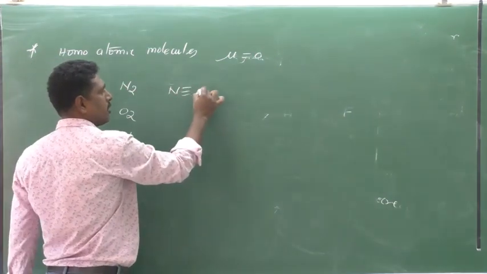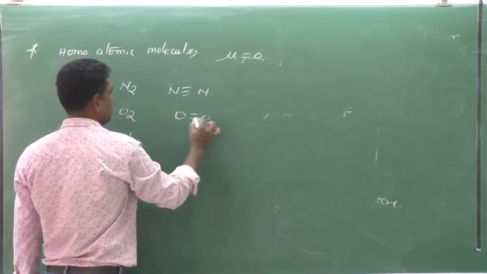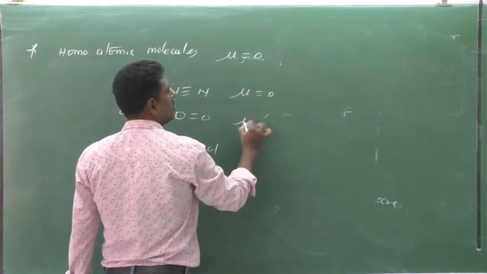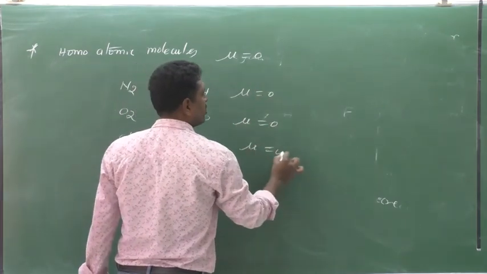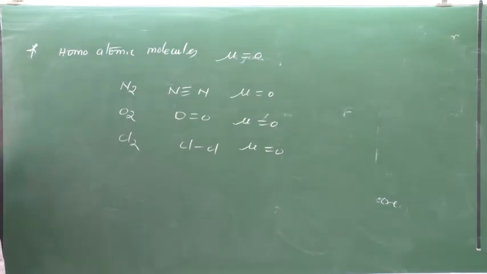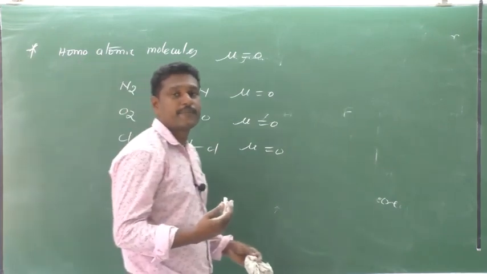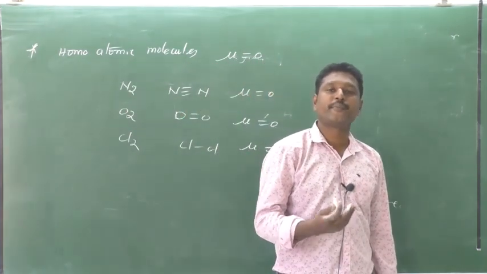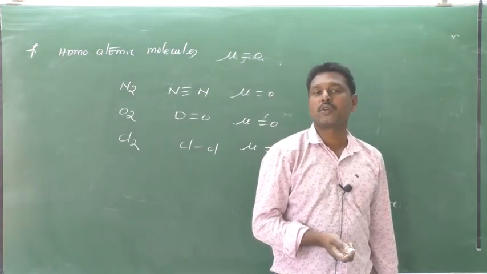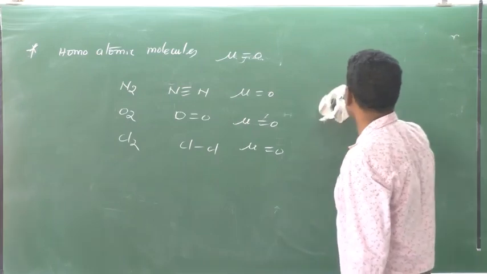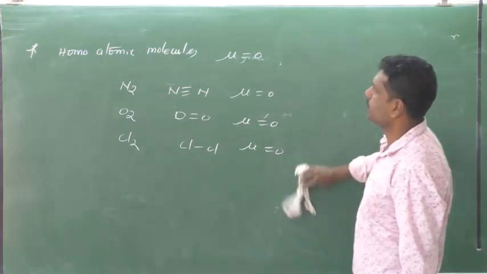So mu equal to 0, mu equal to 0, mu equal to 0. So these are homoatomic molecules. Molecules having normal shapes like linear, planar, tetrahedron are also having mu equal to 0. Normal shapes, I will give an example for this.